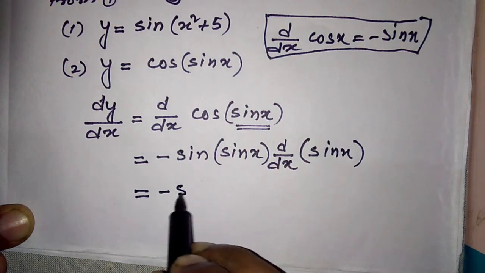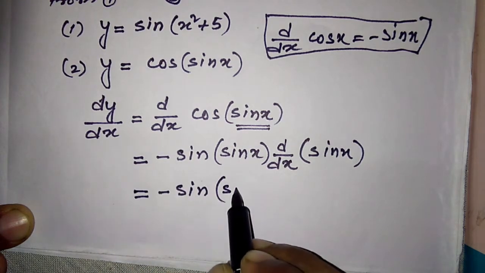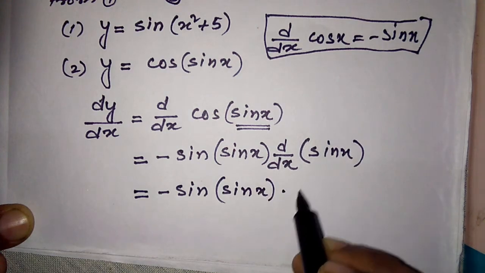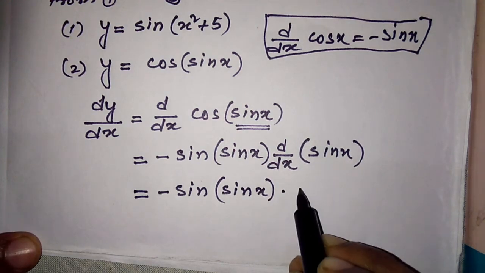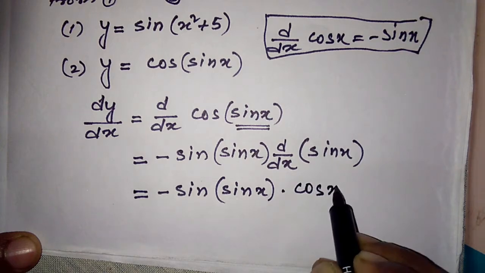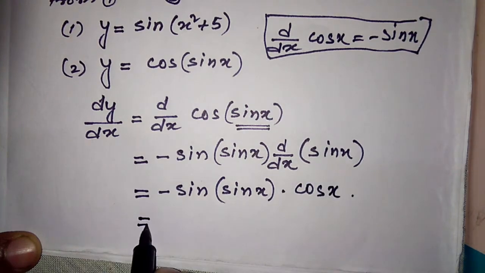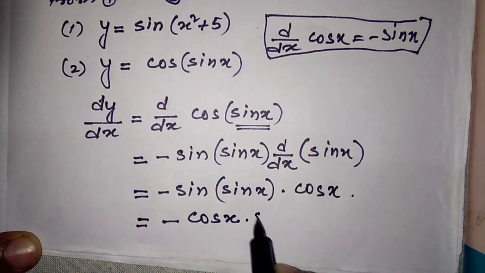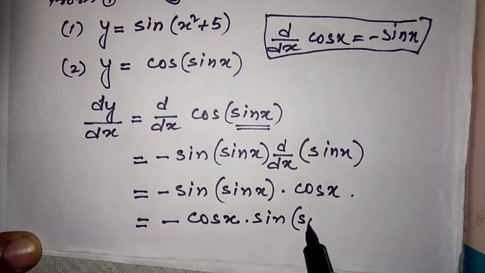The derivative of sin x, as we said a while ago, is cos x, so minus cos x into sin(sin x).